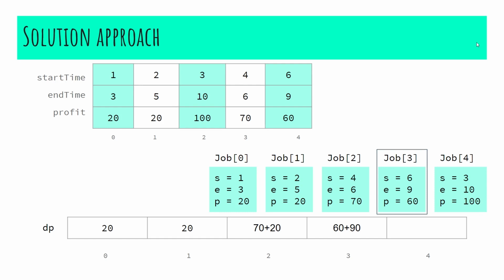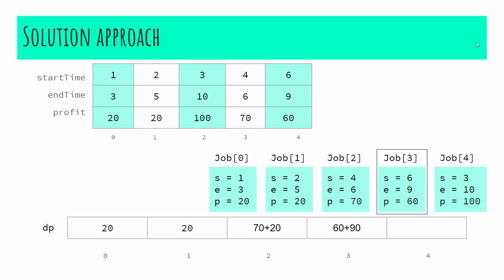Now I'm going to pick the fourth job instance. When I pick the fourth job, I'll be performing binary search between the first 3 instances of job, and I can find that I'll be able to do my fourth job if I do the second job, which is my second job ends at 6 and the third job begins at 6.